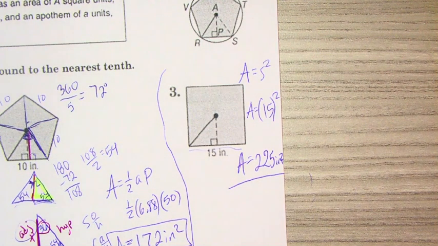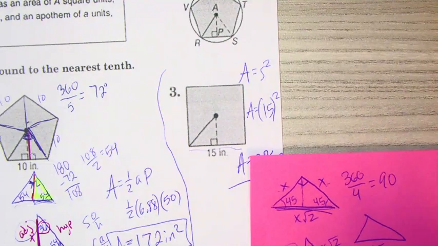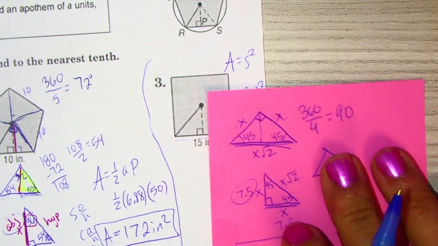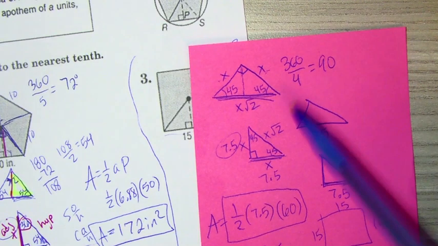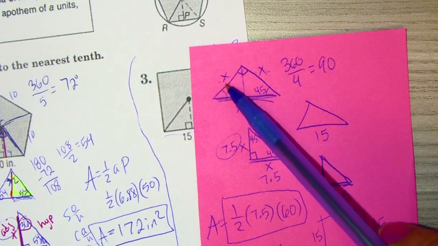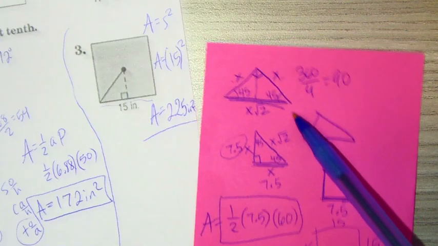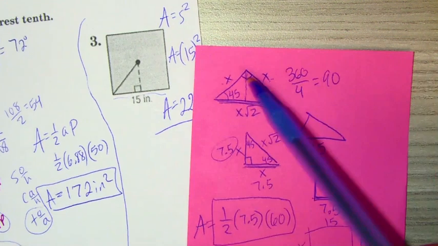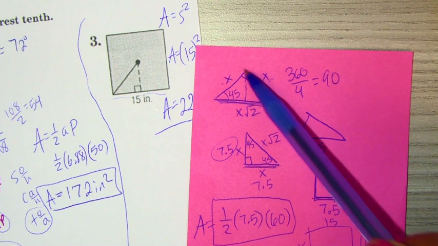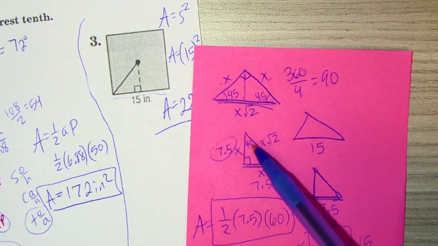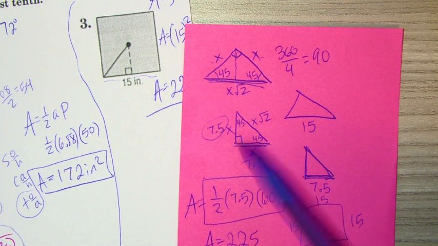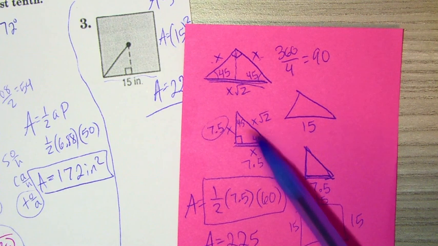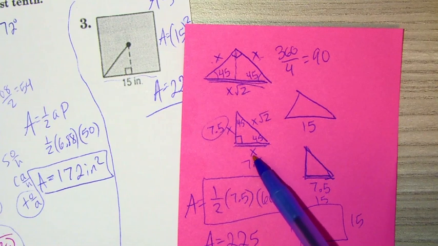Earlier in class, I did it the other way where I had to find the apothem with special right triangles or SOHCAHTOA. So here's the work for that in case you want to see it. We divided the triangle that's created right there, which creates a 90-degree angle right there. And then we only want half of it, so it creates a 45 angle right there. So we have a 45, 45, 90, which creates the relationship of these two sides being equal.